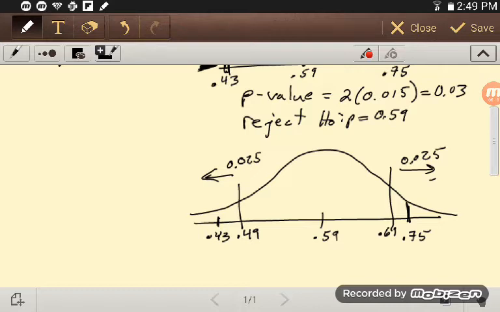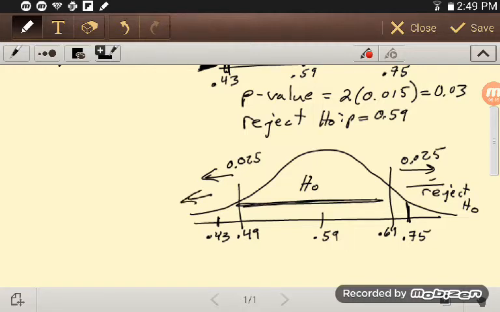Then you see anything in here, we would have kept H0 or failed to reject it. And out here, we reject H0, and out here we reject H0. Okay, there's the picture of our hypothesis test.